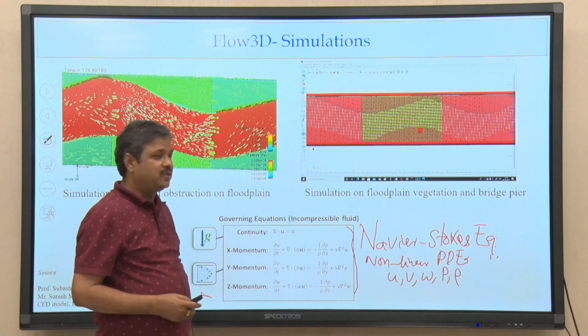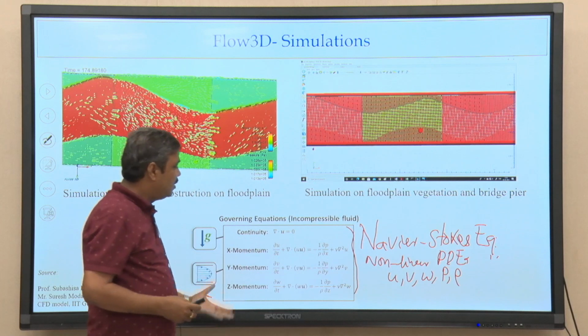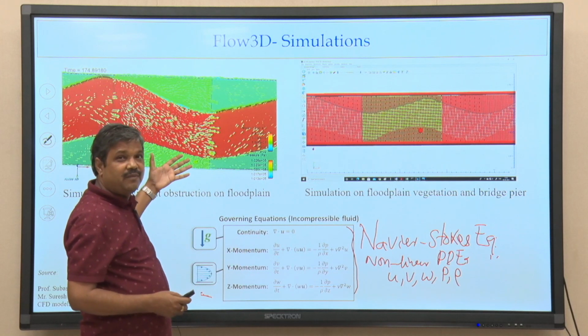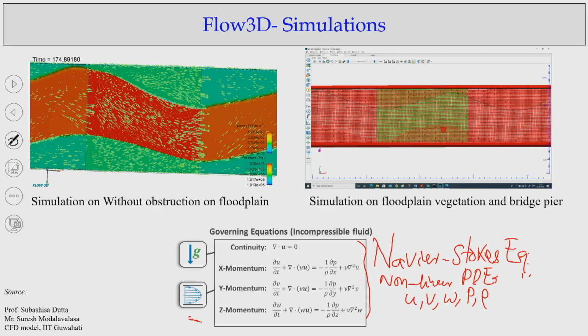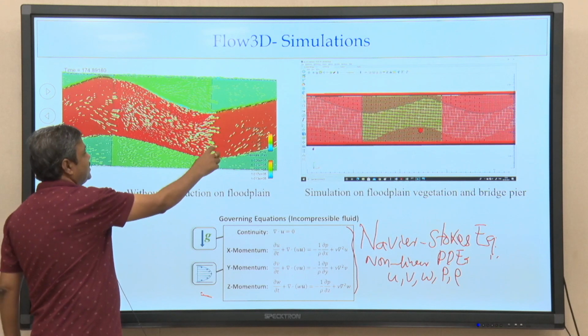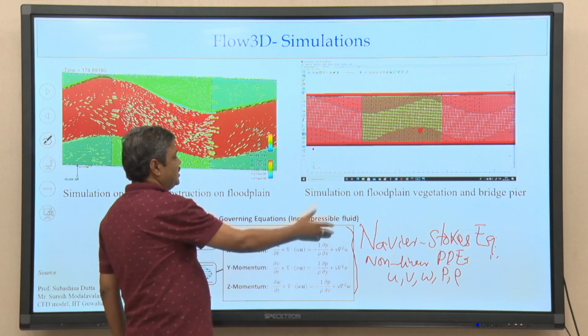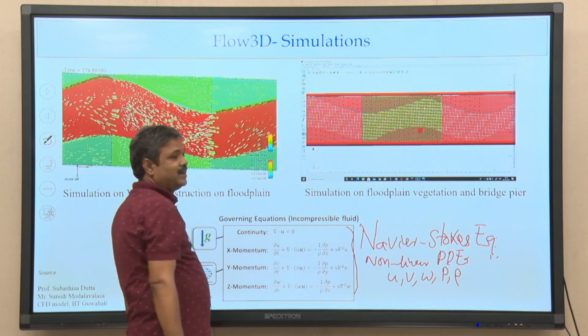When you solve the Navier-Stokes equations with certain assumptions, which I am not telling now, we can solve these real life problems to know how the velocity fields are changing. You can see the vectors, and you can see how the grid patterns are.